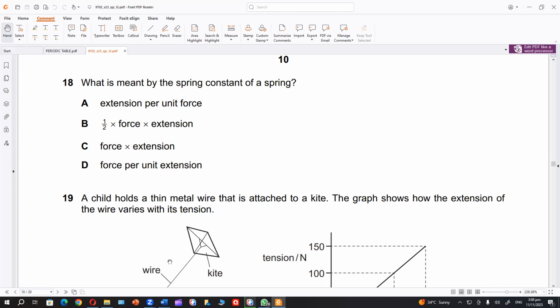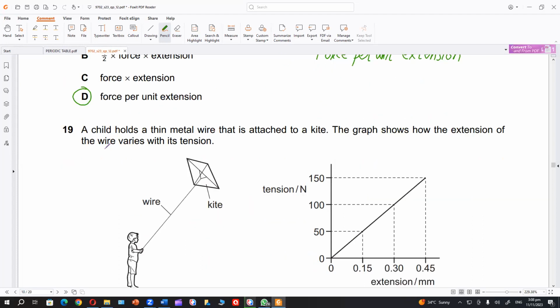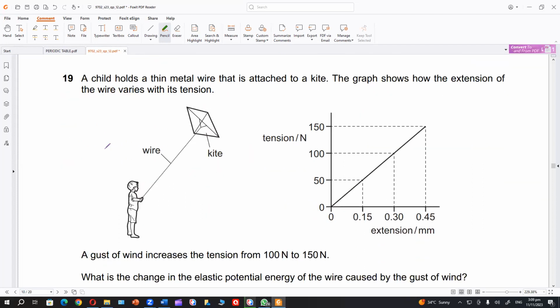Spring formula is... Now look at this question.